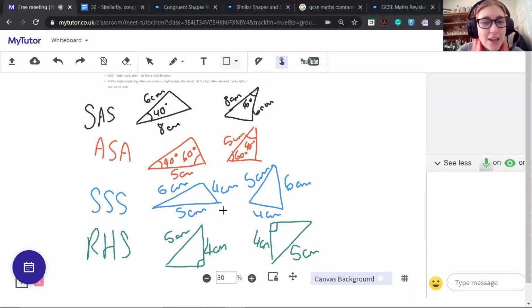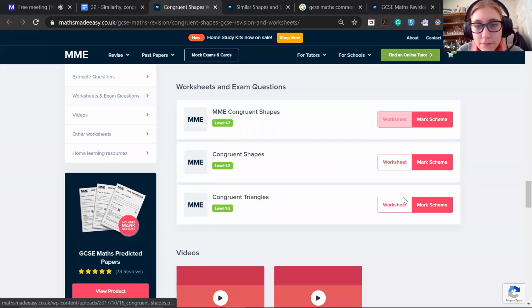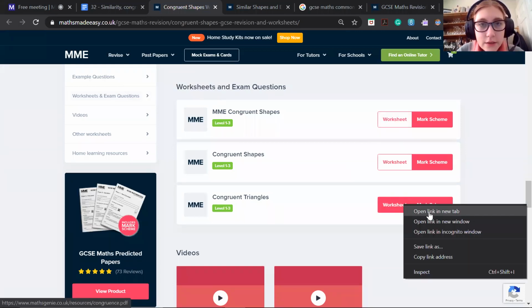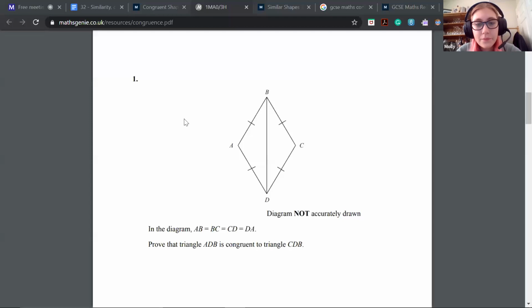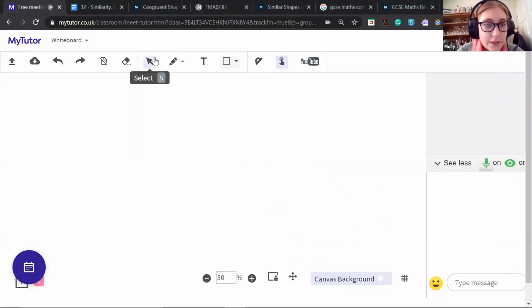Cool. So I think the best way to do this is just to have a look straight away at some questions. So let's have a look at this worksheet. Okay. Some of these don't even have any side lengths at all, and you have to prove it by this method.